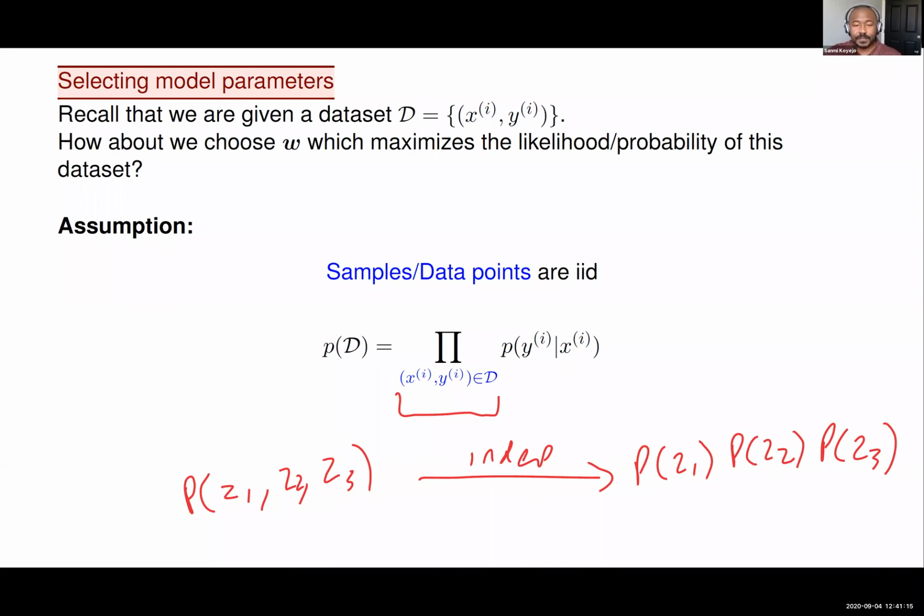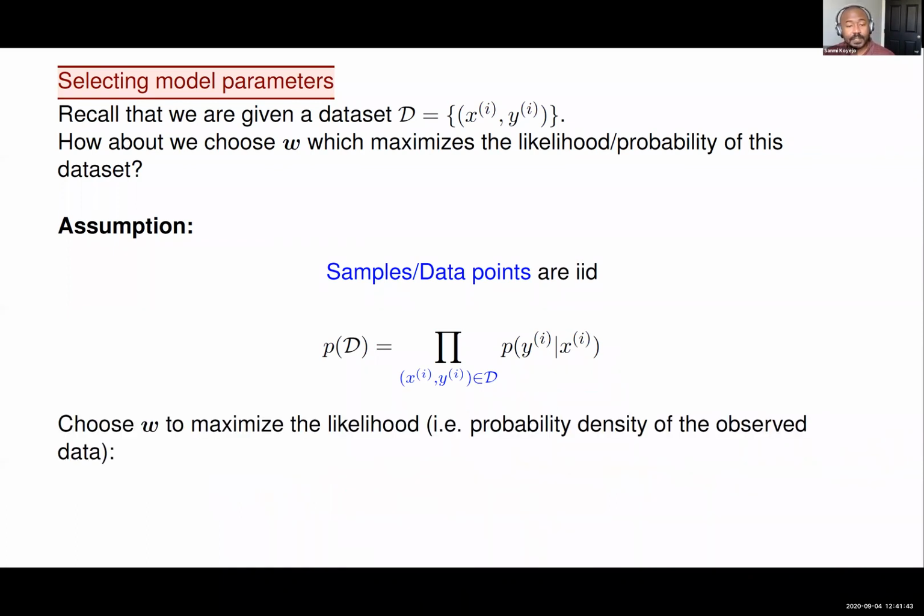If I give you a joint distribution over data, independence means that it factors into the product of individual distributions. We use that property to give us this product form over the data. Second is identically distributed, which means that all of the independent models have the same modeling form. So they're all the same P of Y given X, depending on the X and depending on the parameters. Okay, so that's our model for the data.